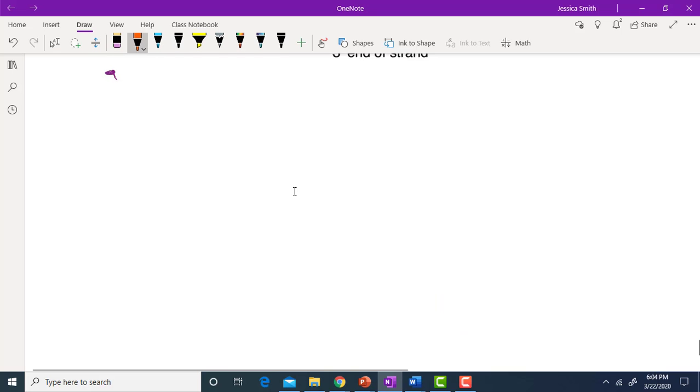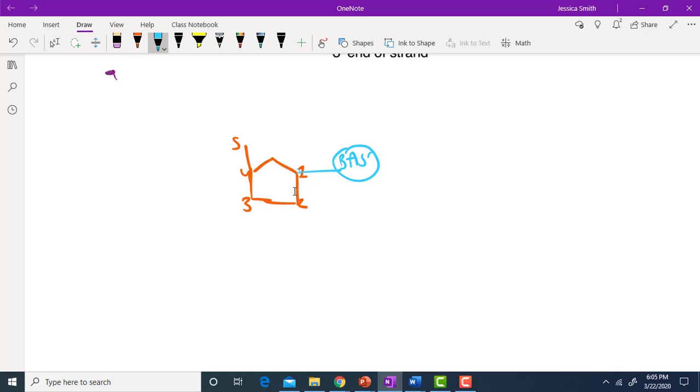So here's what this is going to look like, and I know my drawings are really bad, but bear with me. So you have your 5 carbon sugar here. 1 prime carbon, 2 prime carbon, 3, 4, and 5. And then you have your base that's going to stick to the 1 prime carbon. And then you have the phosphate group, which is going to stick to the 5.